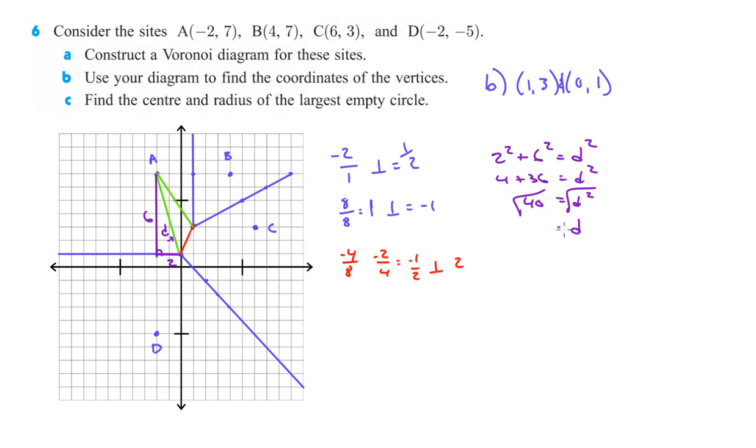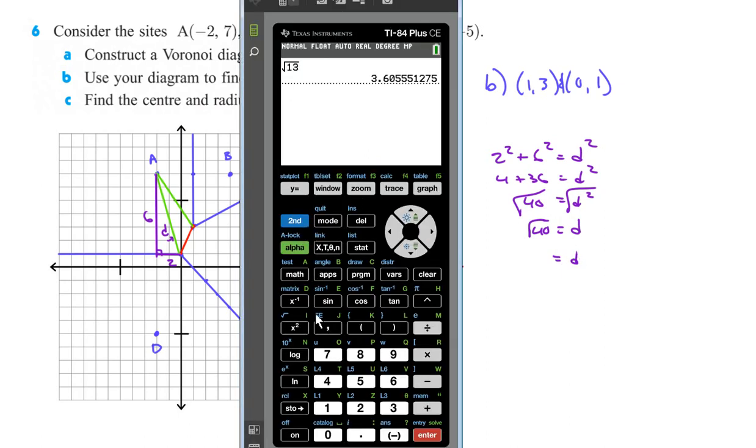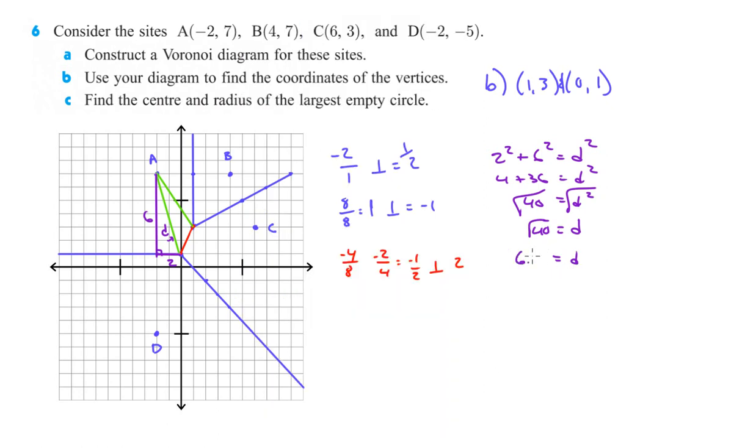So really the distance could be square root of 40. That's fine for the back of the book. I want to know what it actually is, so I would just do square root of 40, and I get 6.32, which I like a little bit better than square root of 40, but either one of those will work.